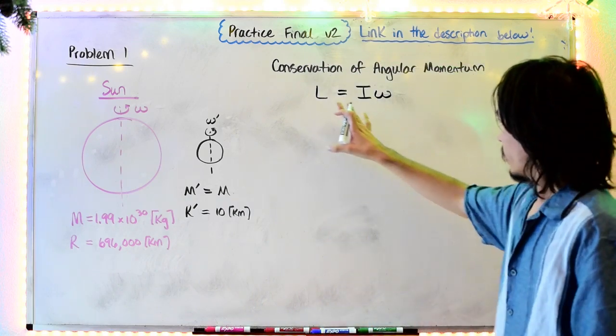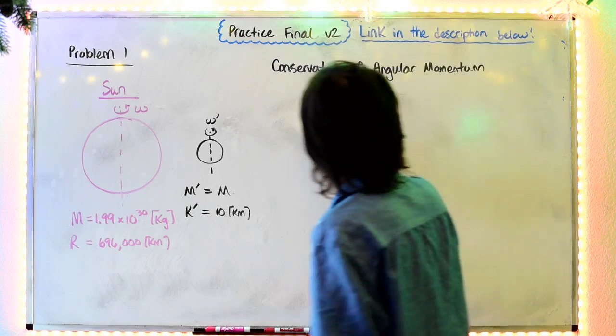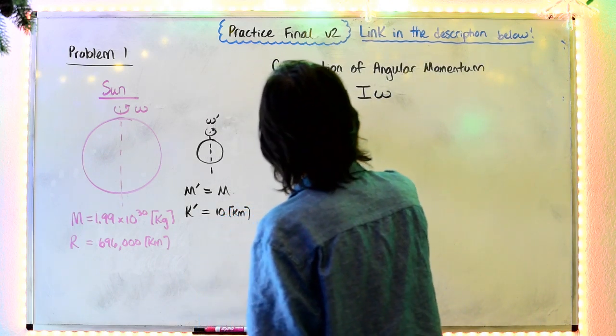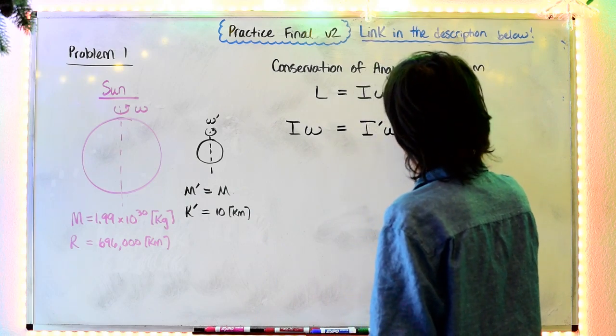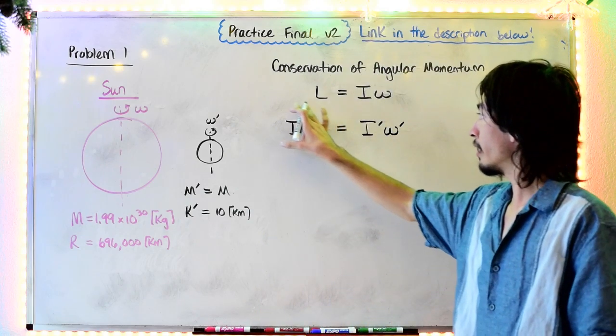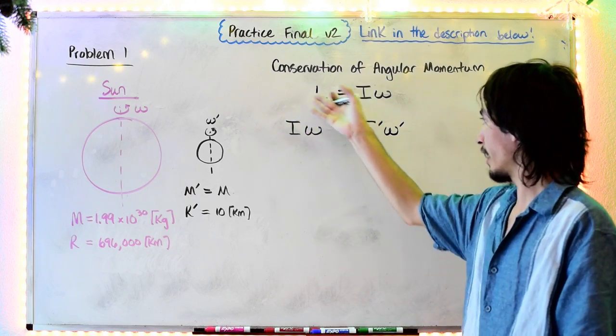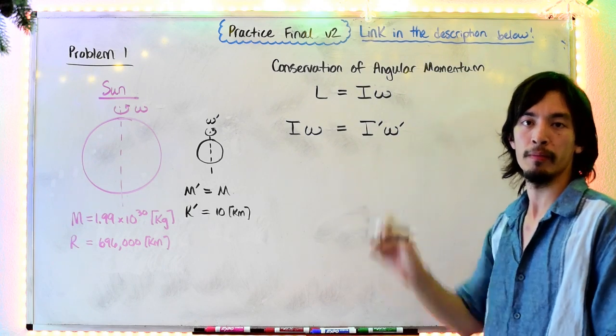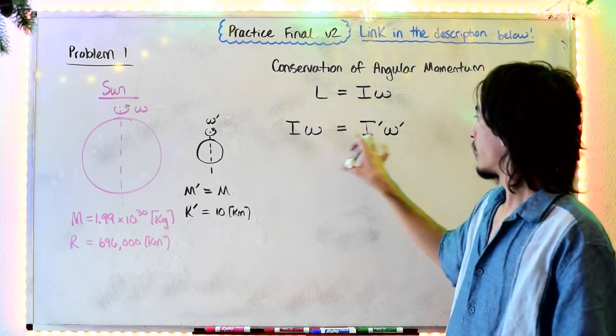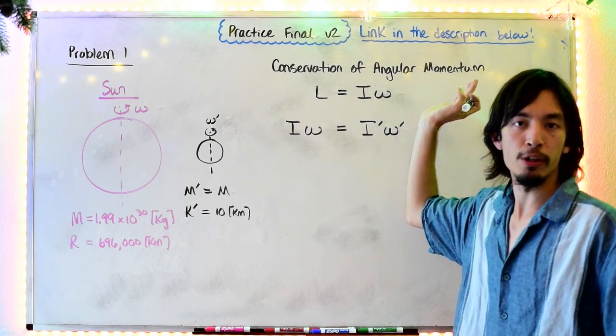So we're going to say then that I omega equals I prime omega prime. So the angular momentum initially equals the angular momentum final. So whatever it is for the sun equals whatever it is for the neutron star.